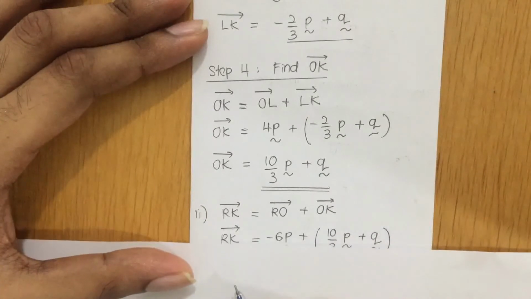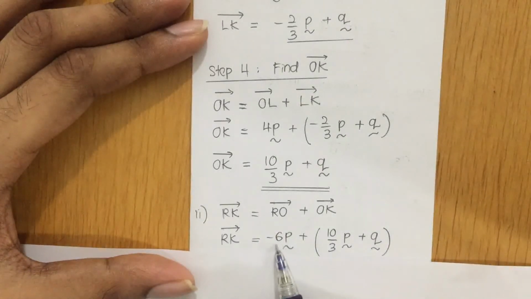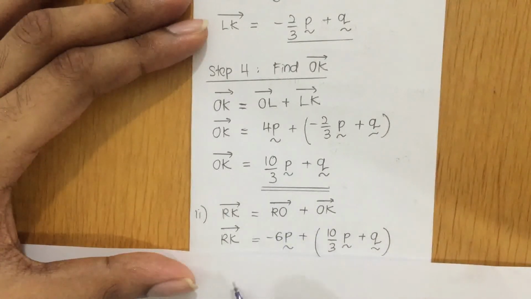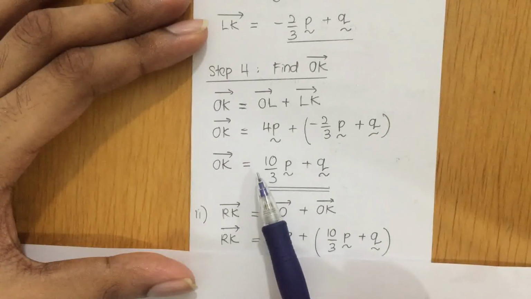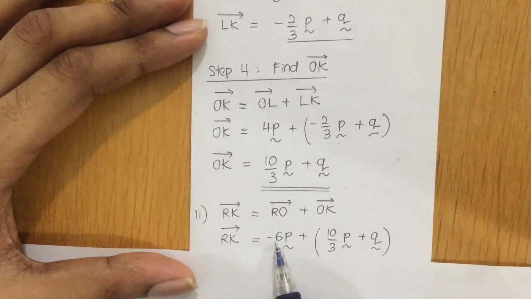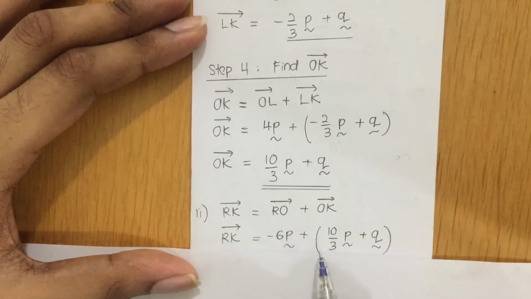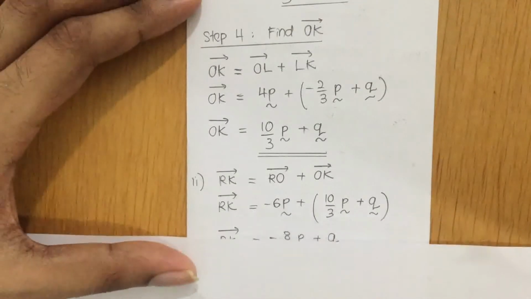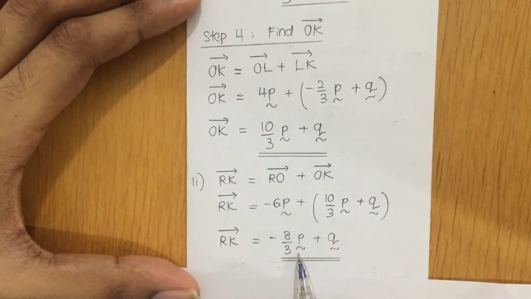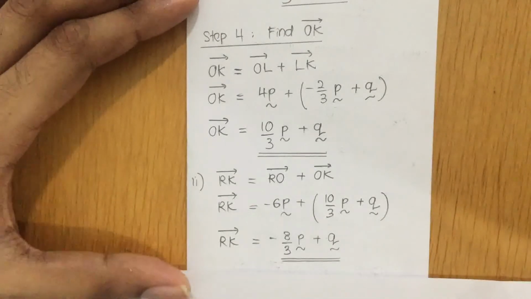Vector RO is negative 6p, and then you add vector OK over here, which you have already found in question 6A part 1 just now. So you calculate this: negative 6p plus 10/3p plus q. From here, you should get your vector RK is equals to negative 8/3p plus q.